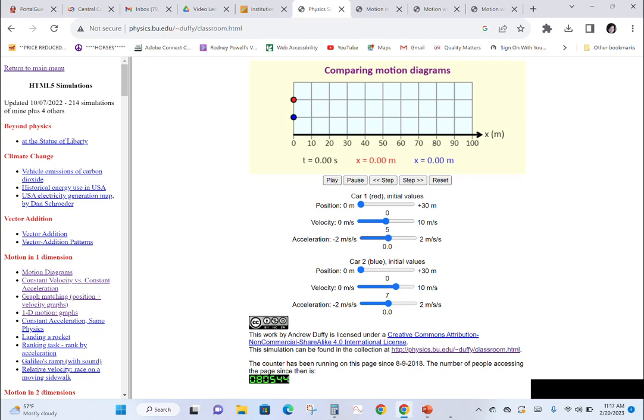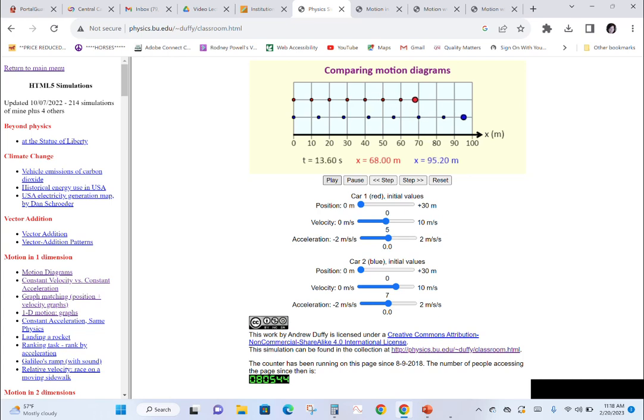So the red car is going to be at rest, and the blue car is going to be moving at 7 meters every second. Or actually, I'm sorry, the blue car is traveling at 5 meters every second.